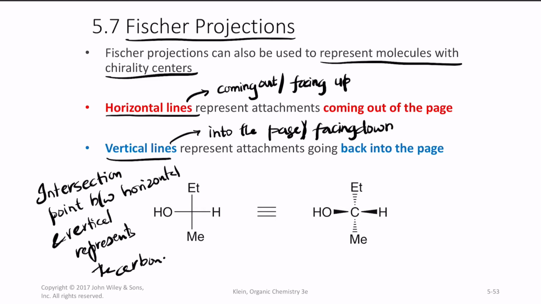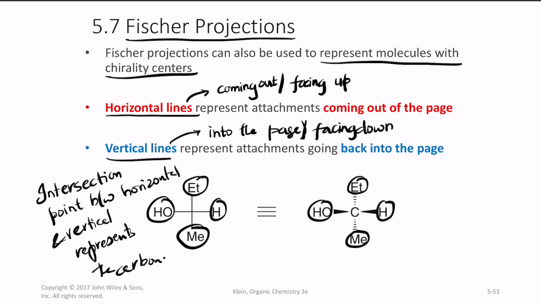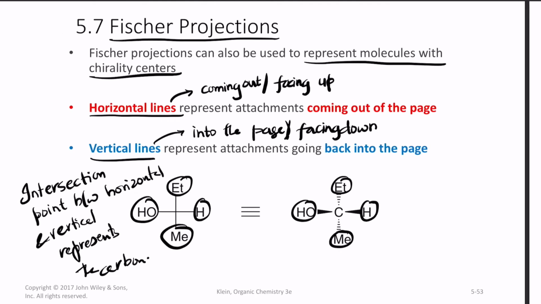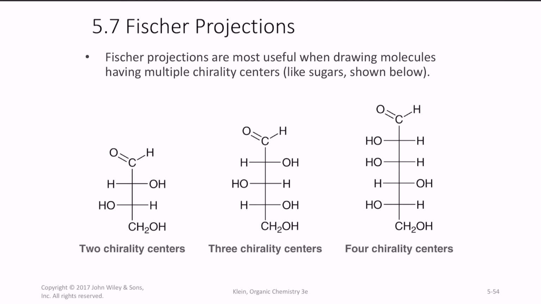So here ethyl and methyl are facing down, H and OH are facing up. This is an example of a Fischer projection. So whenever you see a Fischer projection, remember that the vertical lines face downward and the horizontal lines face upward. This is the idea behind Fischer projections.